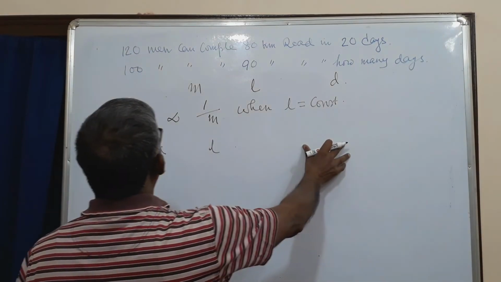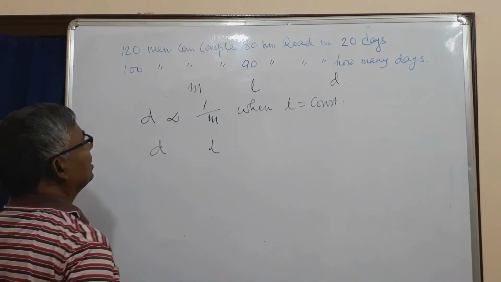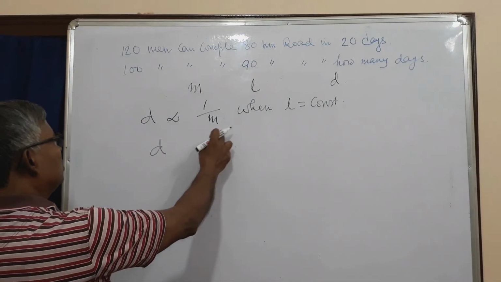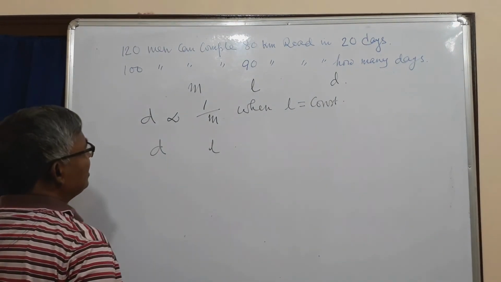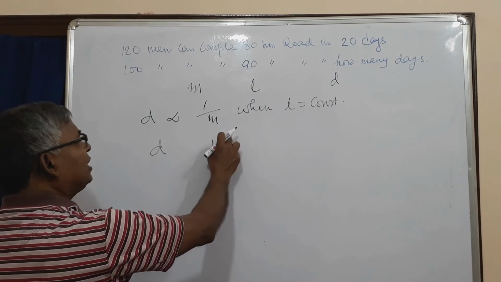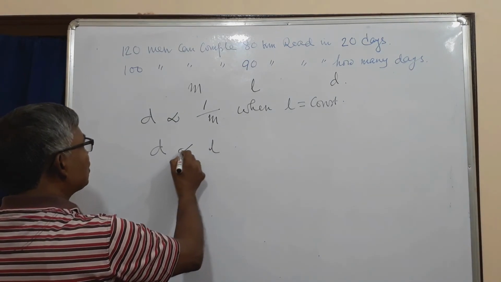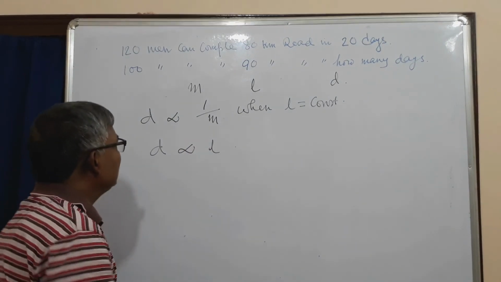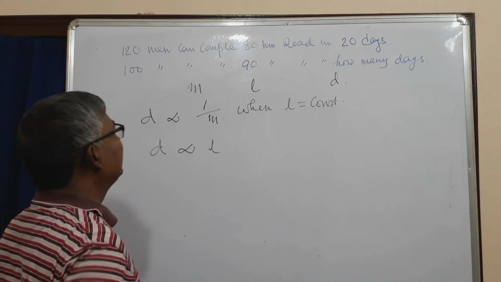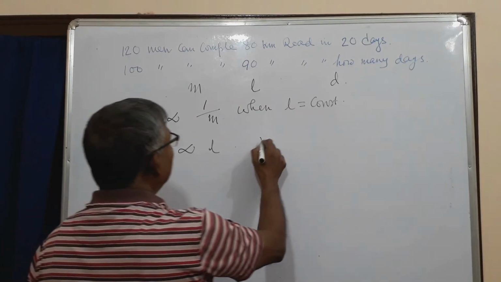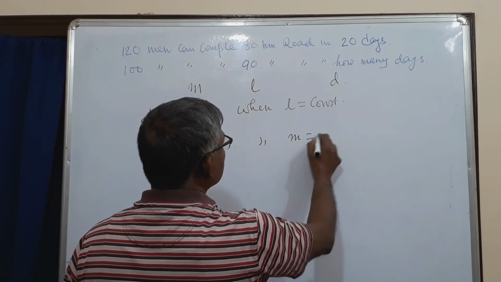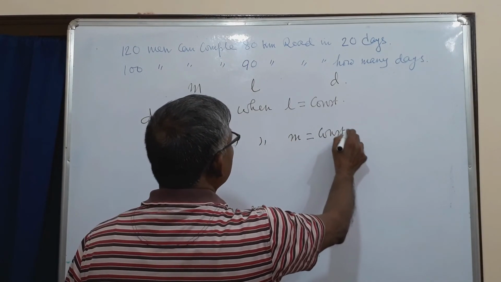Suppose the number of men is fixed. If we increase the number of days, more road will be made. So they are directly proportional. That is, they are directly related. So hence the relation d varies as L when m equals constant.